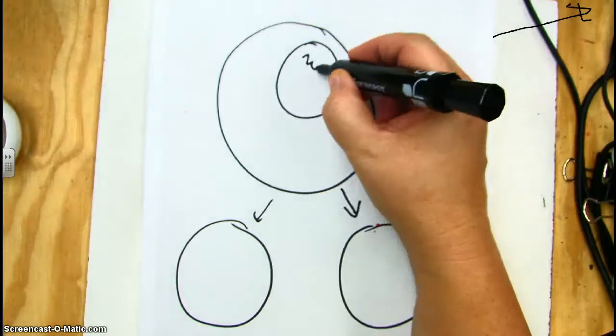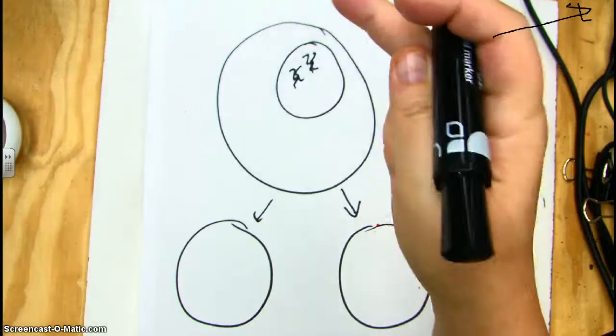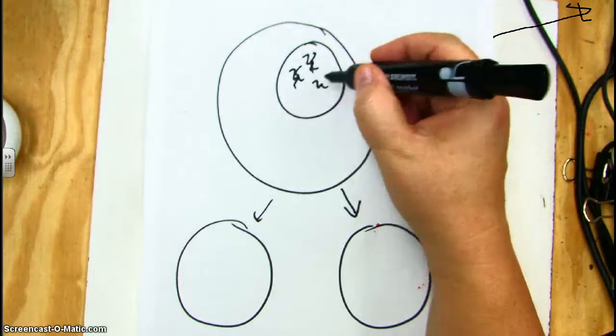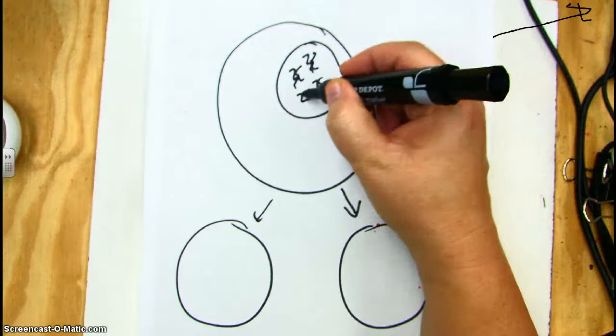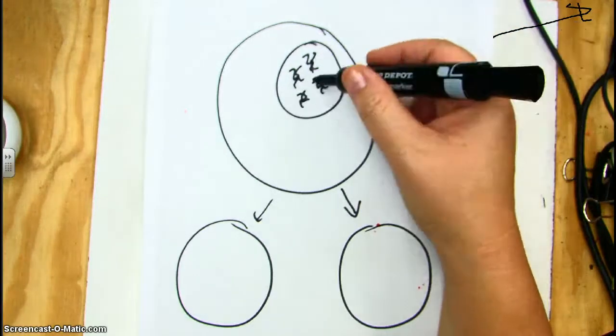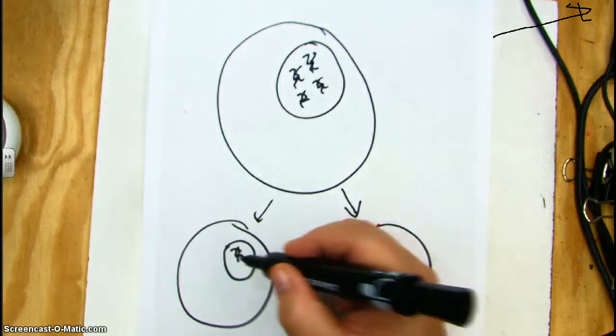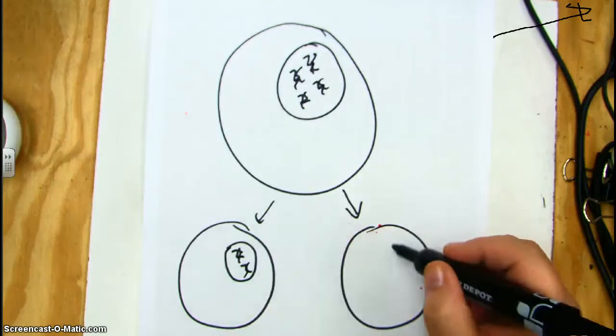So it has to take its chromosomes and double them, because you want to have twice as many chromosomes as the parent cell. So the parent has to make 2 copies of its chromosomes, so that when it splits into 2, each daughter cell gets 1 copy of the parent's chromosome.